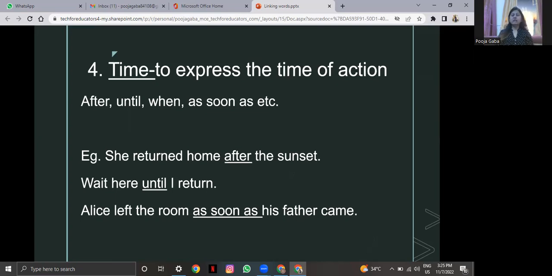Wait here until I return. Wait till when? Again, it is showing a time, until I return. Alice left the room as soon as his father came. When did she leave? As soon as his father came. So these linking words like after, until, as soon as, they show the time.